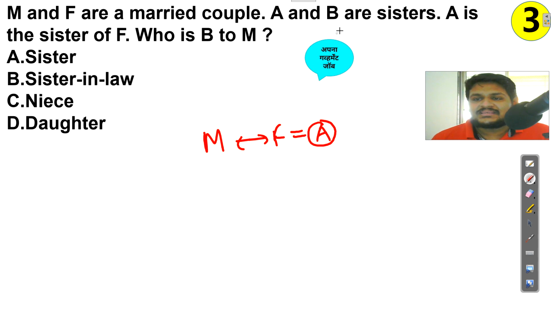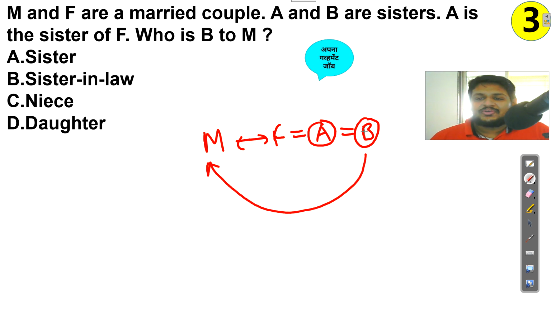A and B are sisters, so A and B are also sisters like this, and we have to find B to M. So you can see here again the answer is sister-in-law, right? They are a married couple, and A and B are F's sisters, so obviously to M it is sister-in-law. Whether M is husband or wife does not matter.